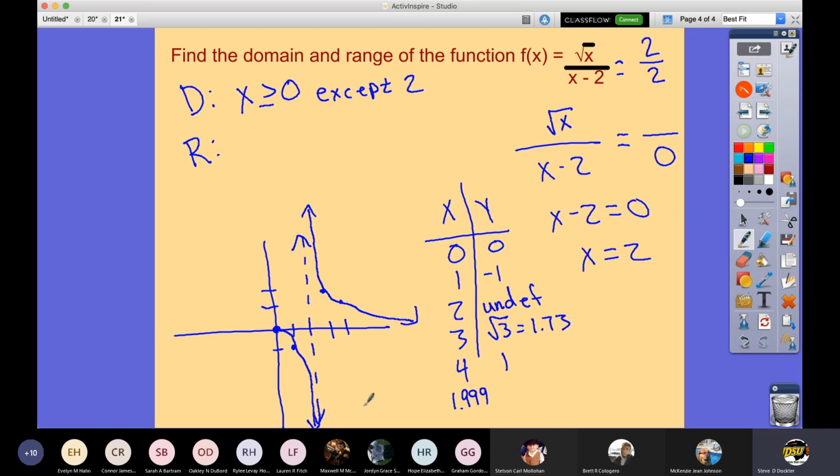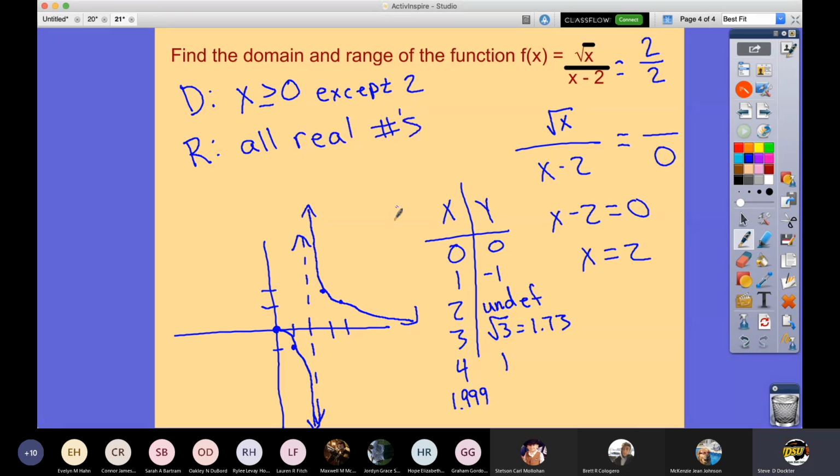So if we look at this graph, the range for this first half is everything less than or equal to 0. For this one, for sure, this one might be everything. We haven't tested enough numbers to know for sure, but for sure, it's greater than 0. So what we would say for the range is all real numbers.